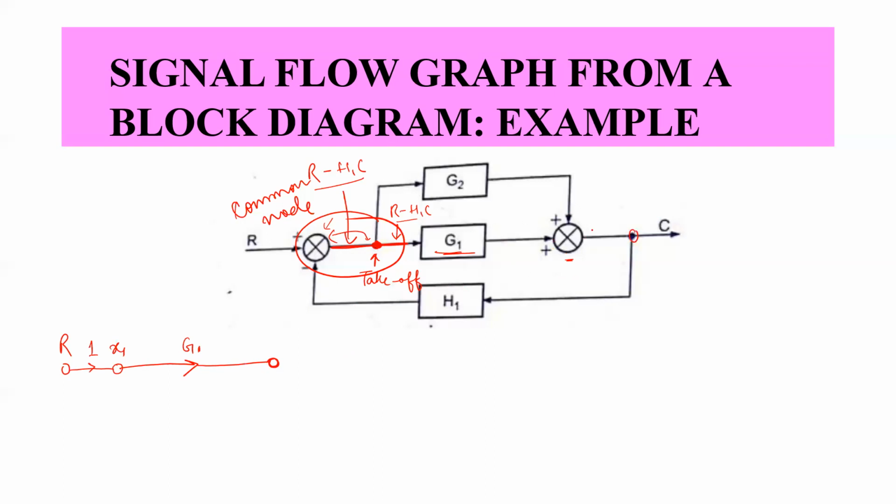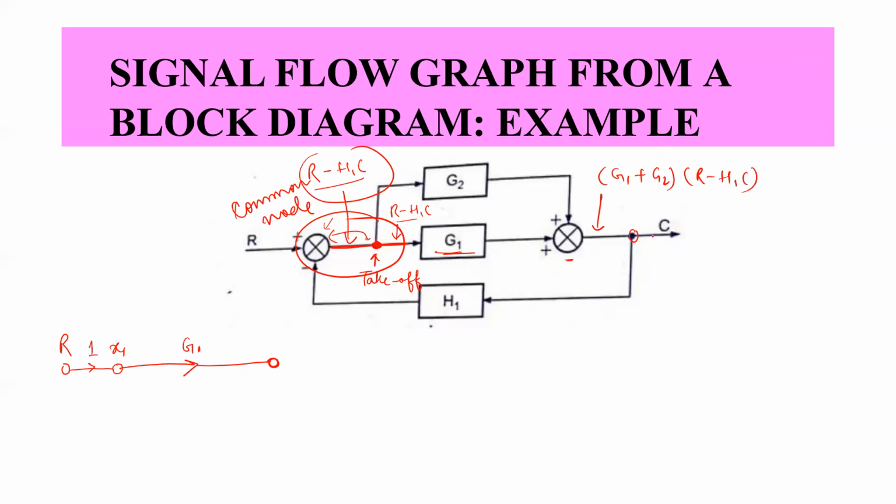But let us see what is the output at this particular point. At this point, the output is G1 plus G2 multiplied by R, plus R, sorry. So it is G1 plus G2 into R minus H1C, right?